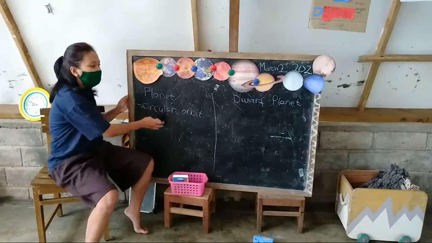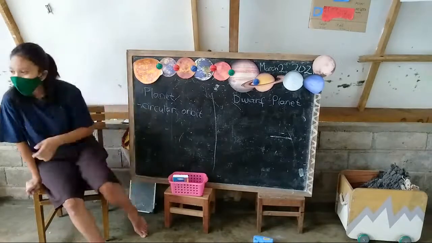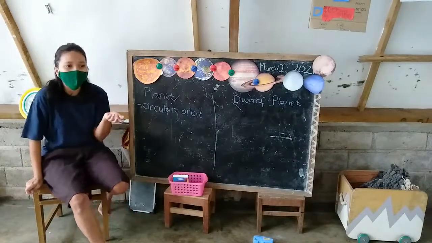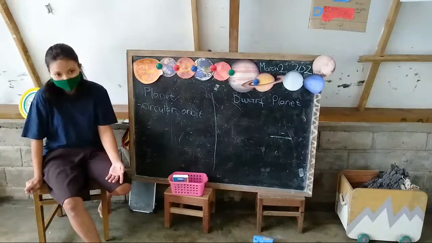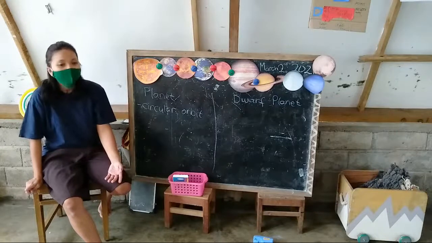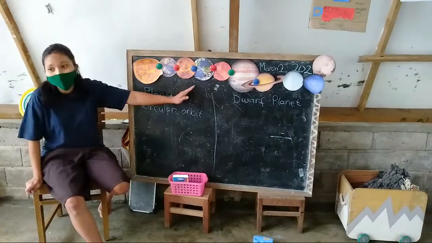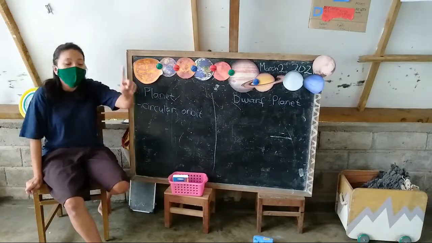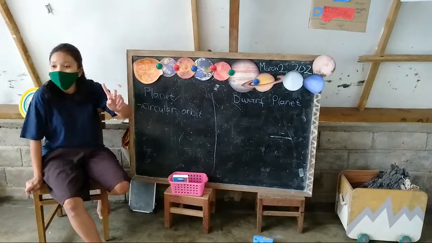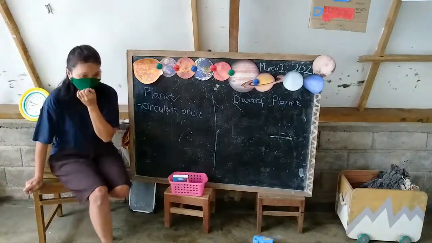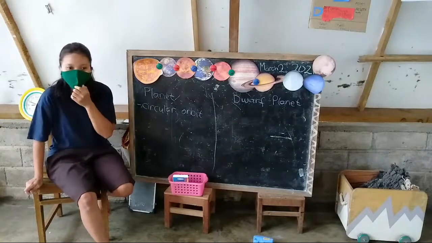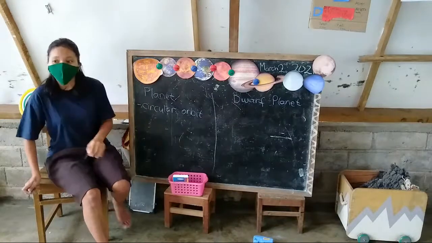What else do we know about planets? What do you think about the atmosphere? What is one important function of the atmosphere? If there's a meteor, it can get hit. Good job.